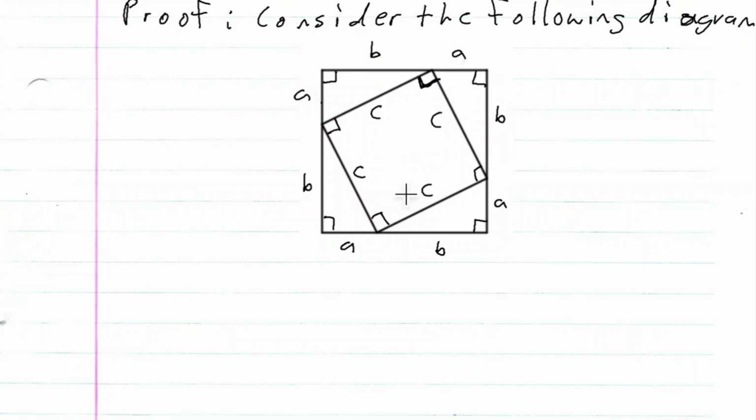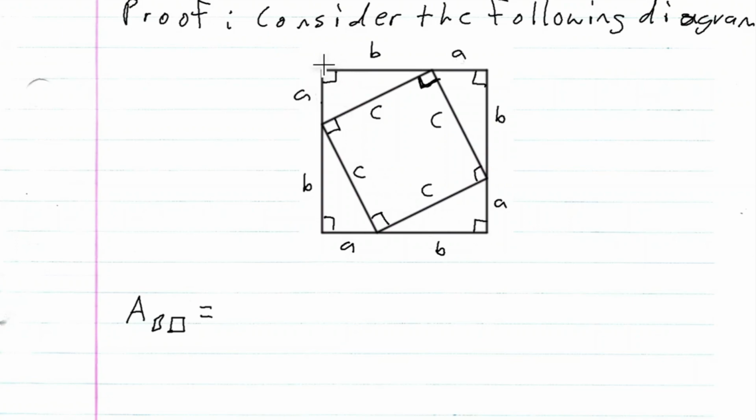So now let's move on to the proof. We want to prove that a squared plus b squared is equal to c squared using our right triangles constructed in this fashion. Okay, so now we know that the area of this big square is equal to, and the area of a square is side times side.